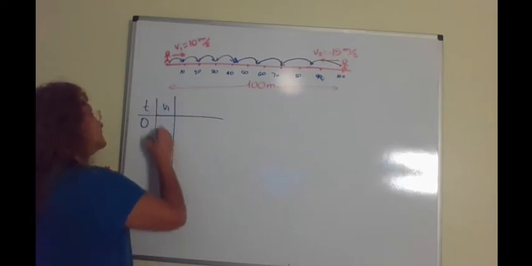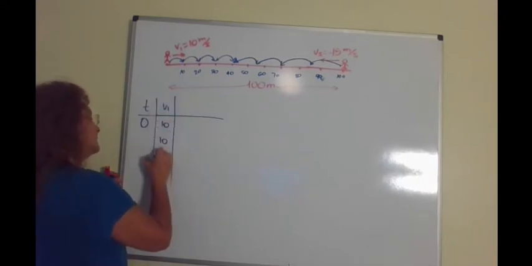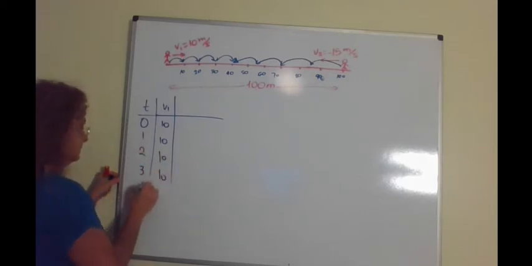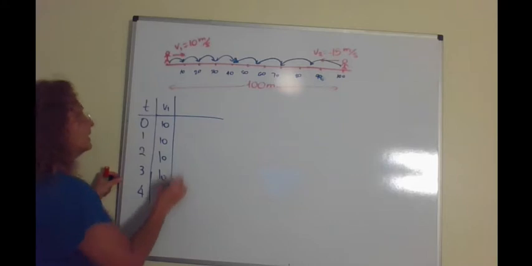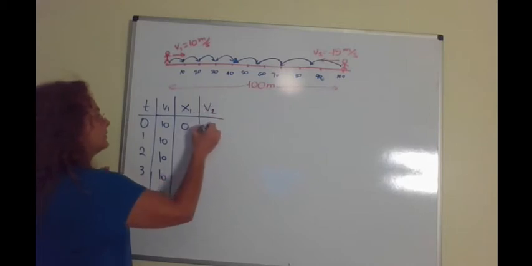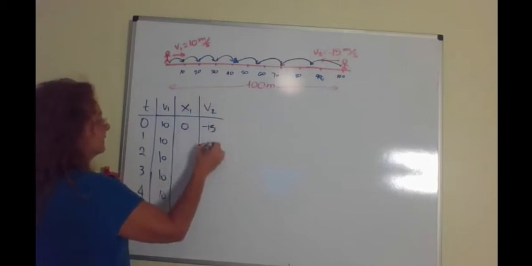So V1 is 10, 10, 10, 10. He starts from 0, while the other one has a velocity of negative 15 the whole time.